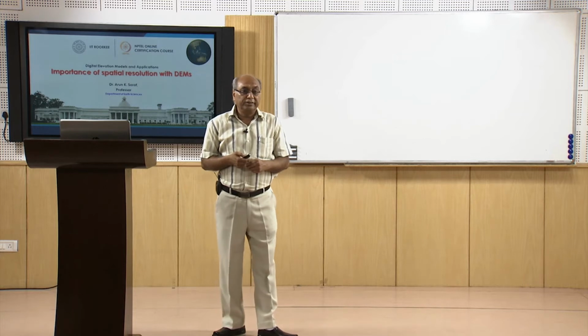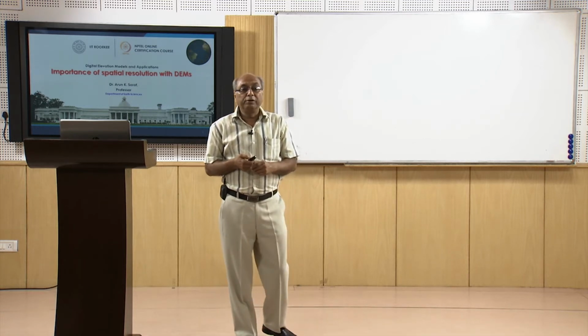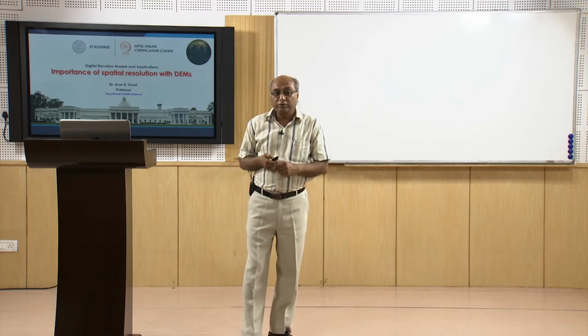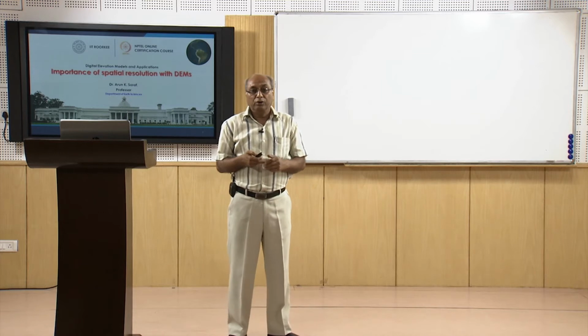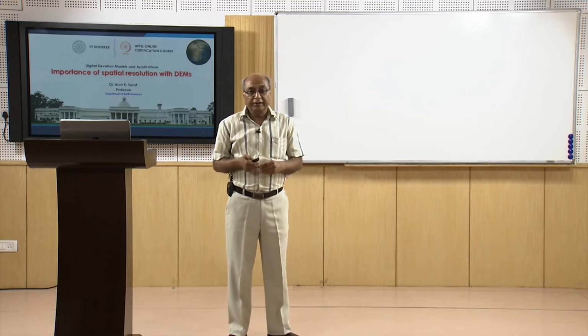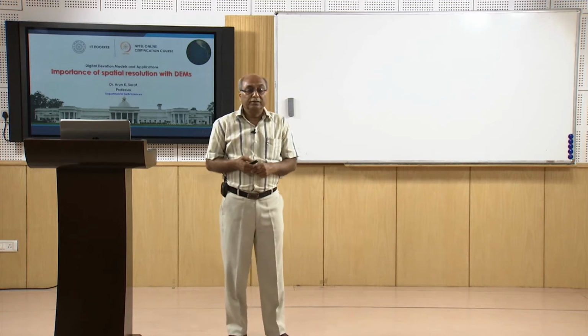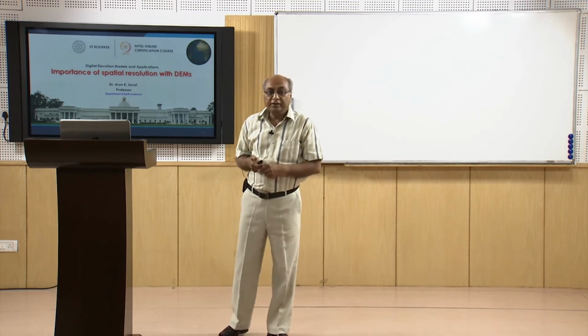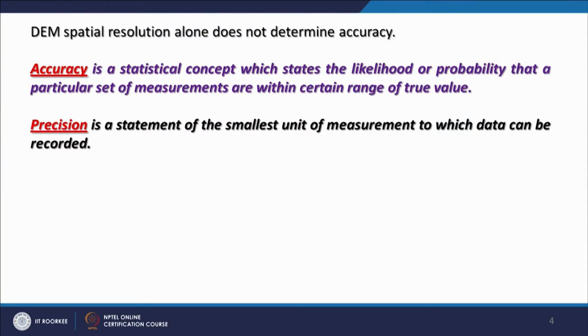Accuracy is a statistical concept which states the likelihood or probability that a particular set of measurements are within a certain range of true values. Another term is precision, and precision is a statement of the smallest unit of measurement to which data can be recorded.